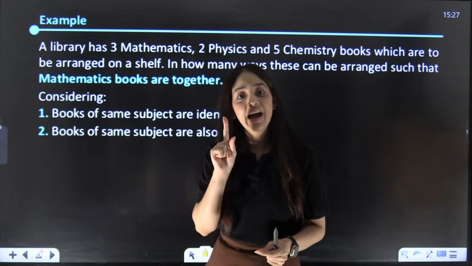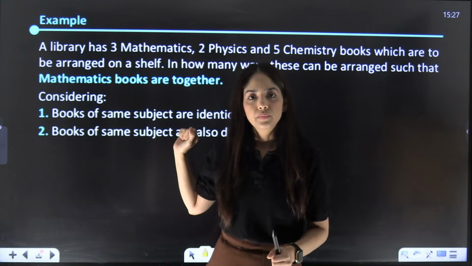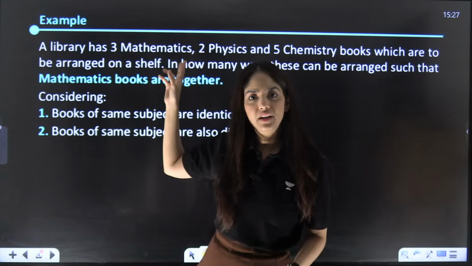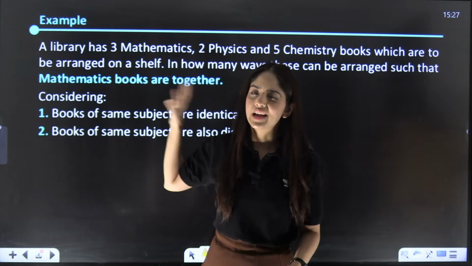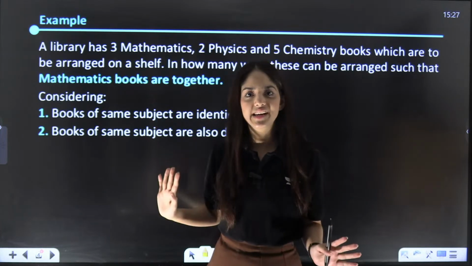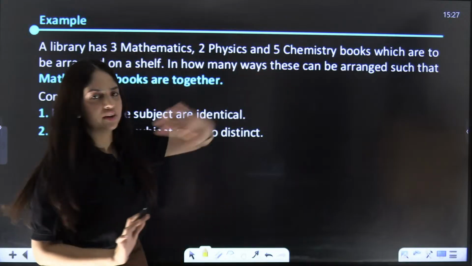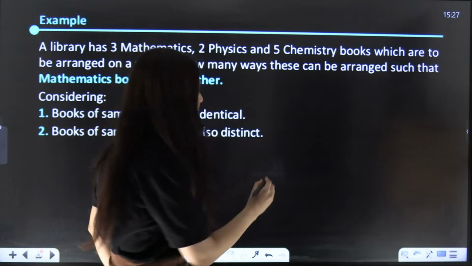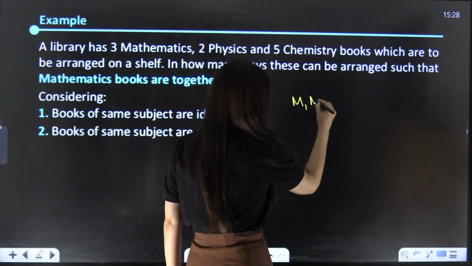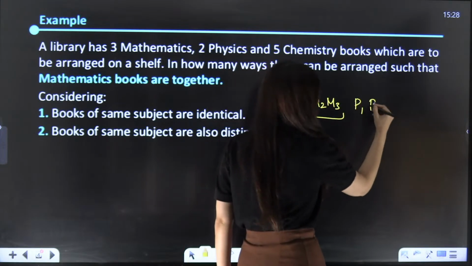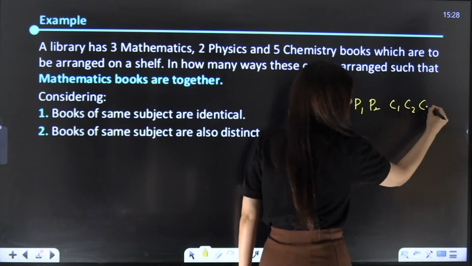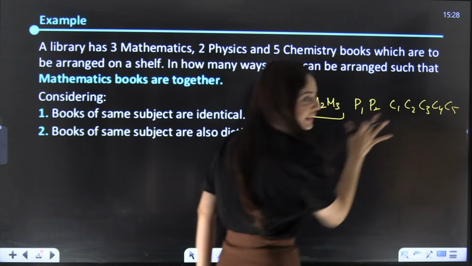Now we only have one maths unit and 2 separate physics units, because each of the others can be together, can be separate, can be arranged in any way. And similarly 5 different chemistry books. So now we have M1, M2, M3, and then P1, P2, C1, C2, like this.